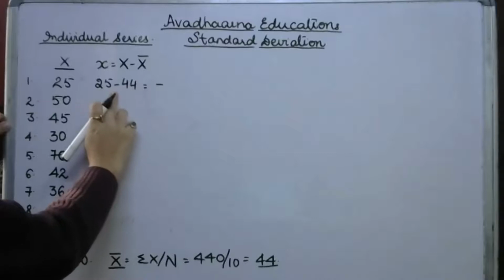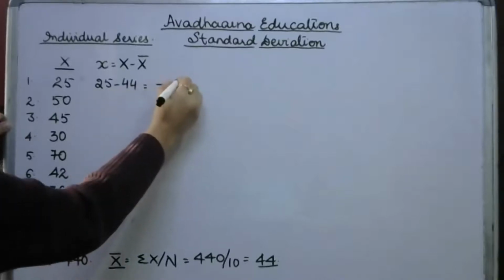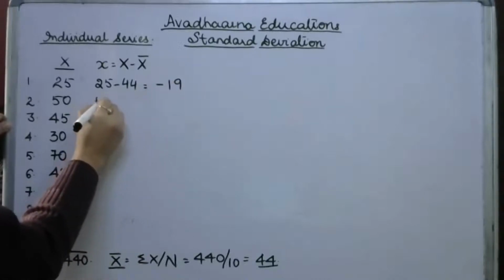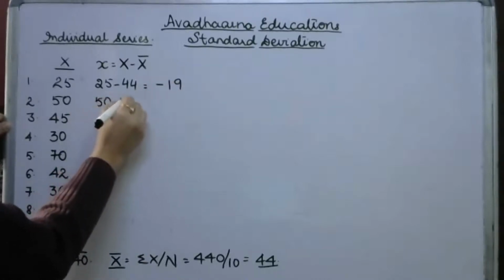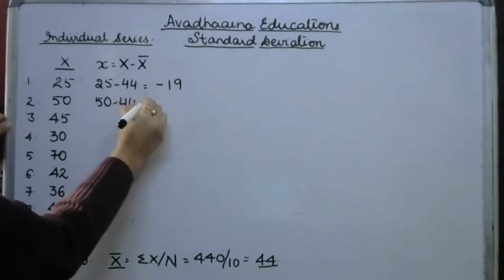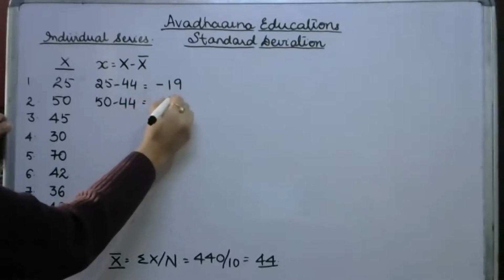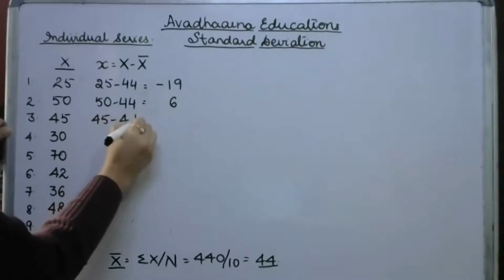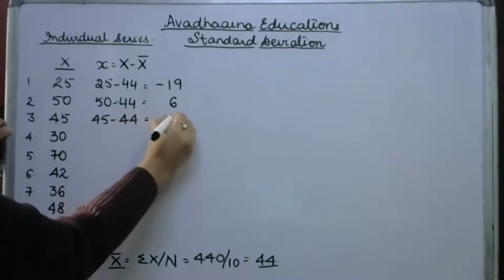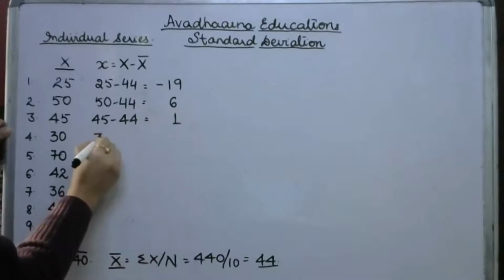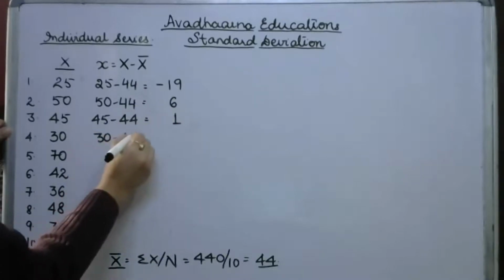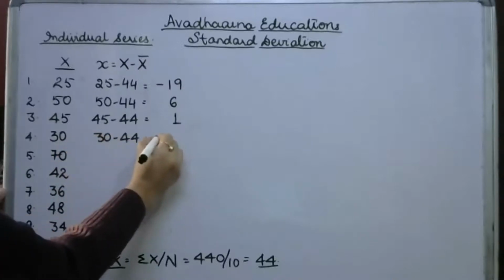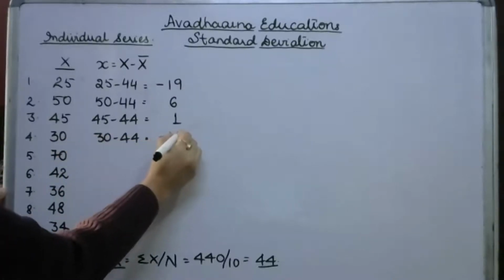So 44 minus 25 will be minus 19. Then 50 minus 44, it is equal to 6. Then 45 minus 44, it is equal to 1. 30 minus 44, it is equal to minus 14.